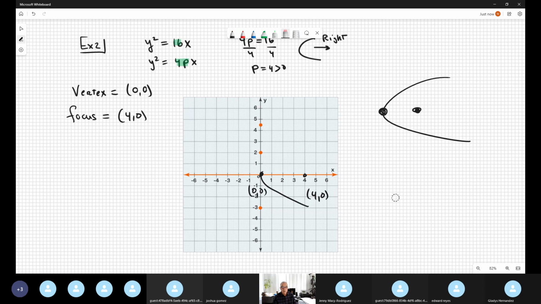No, because I need to find the endpoint of the focal diameter. Remember, it's 2p. P is 4, 4 times 2 is 8. And in that direction 8, is 2? No, es, a ver, let me see.